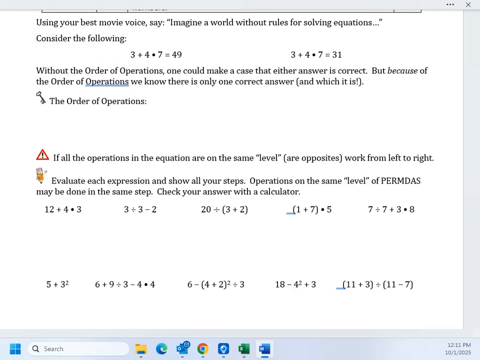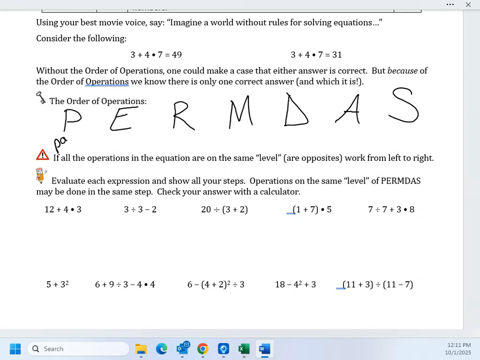So we have our order of operations. PEMDAS. And anybody know what the P stands for? AJ? Parentheses. That is the very first thing you do when we do order of operations.